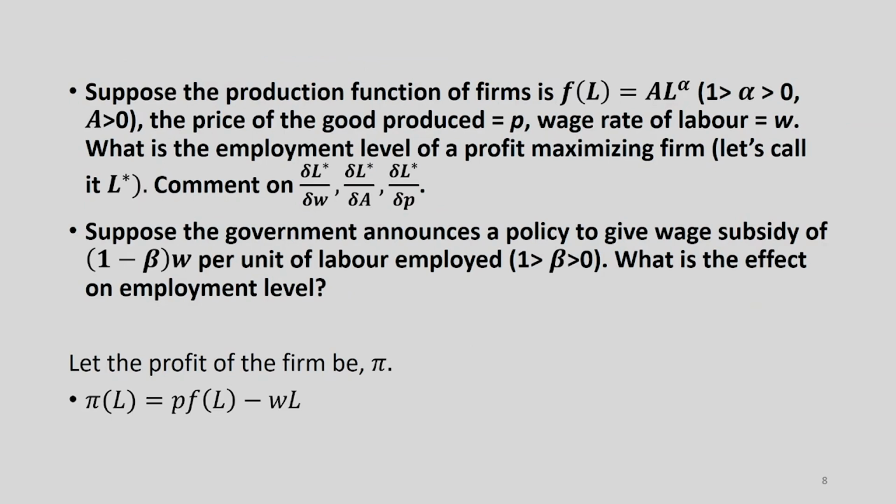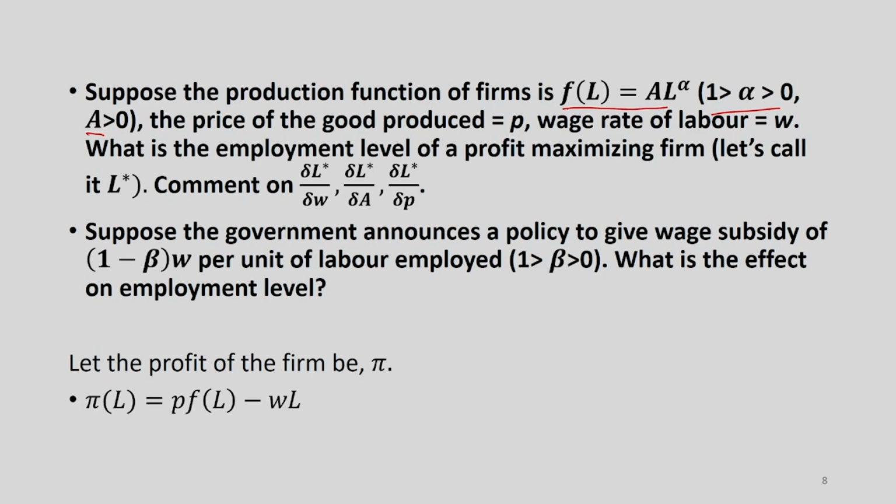Okay. Here is a somewhat different question. Suppose the production function of firms is given by this. f(L) is the production function, f(L) = A L^alpha, where alpha lies between 0 and 1, and A is positive. The price of the good produced is given by small p.